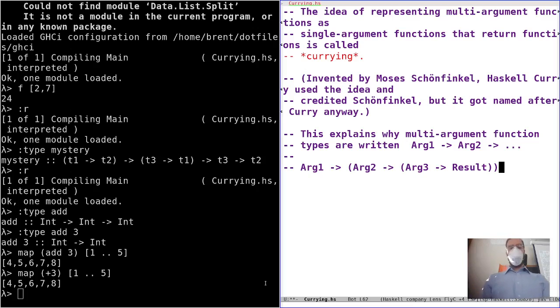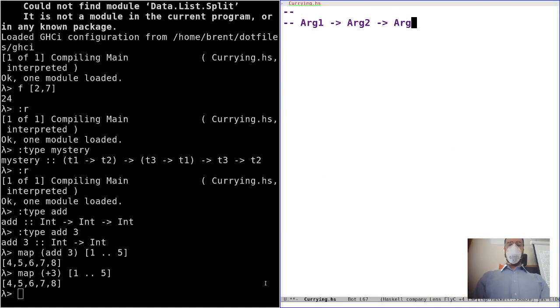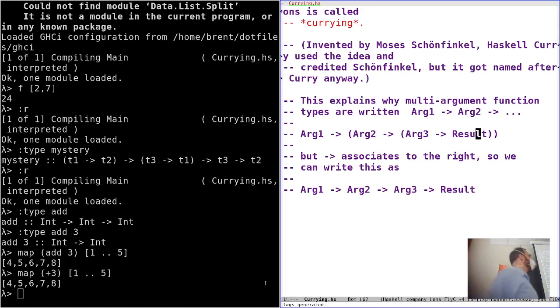We do think of this as a 3-argument function, but fundamentally it's a function that takes one argument of this type and returns a function of this type.